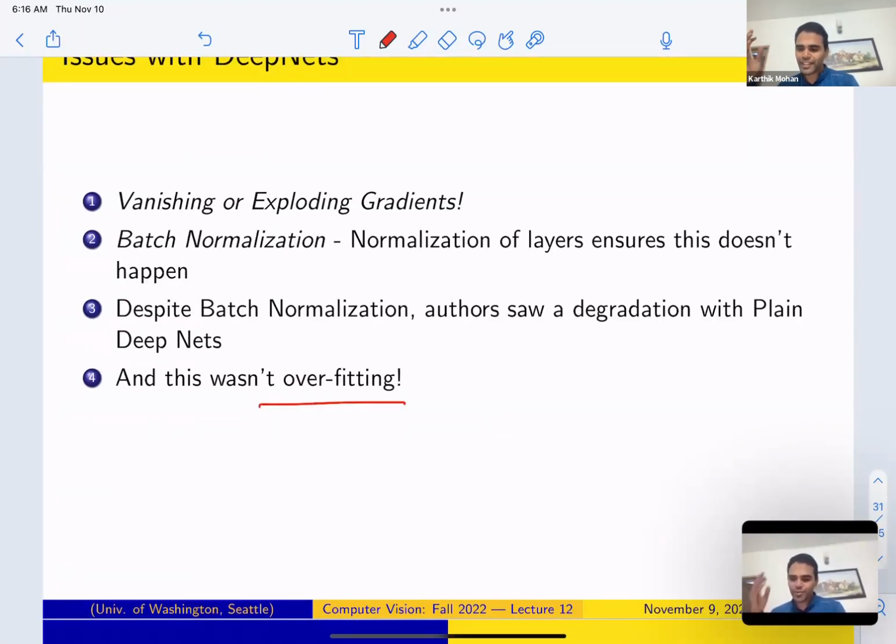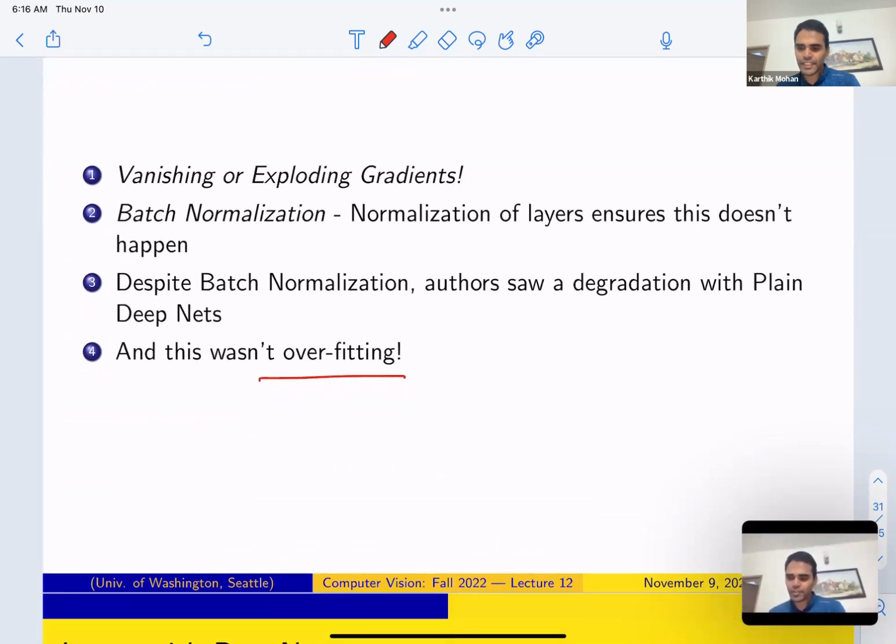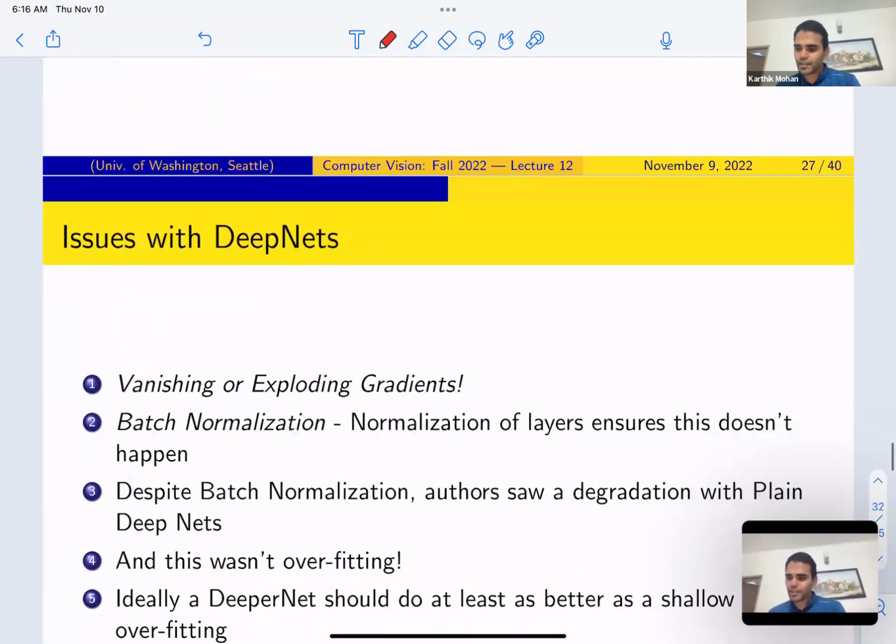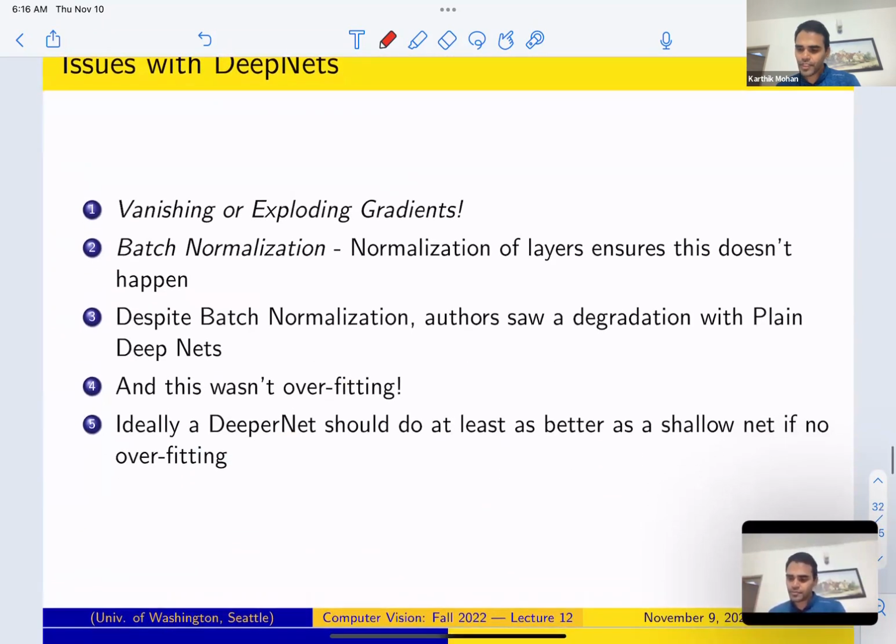So it's not overfitting. It's not connected to vanishing or exploding gradients. It's a new issue that they observed in the context of CNNs. So the whole idea of degradation is that ideally a deep net should do at least as well as a shallow net, if not overfitting, right?